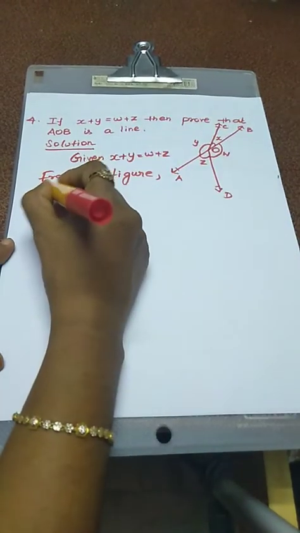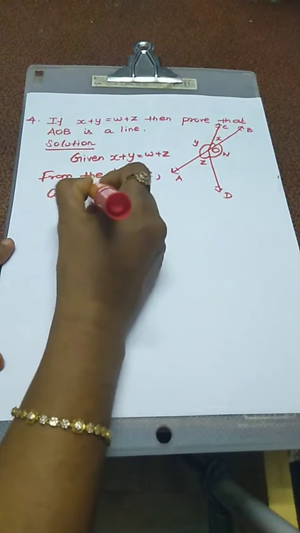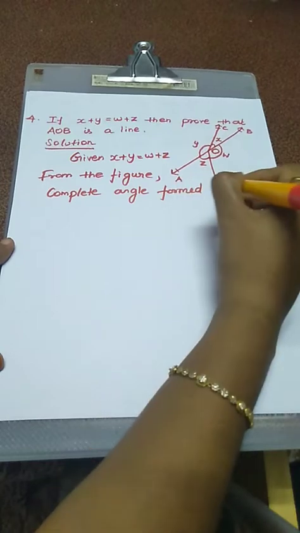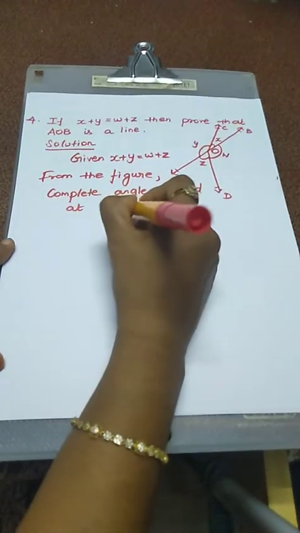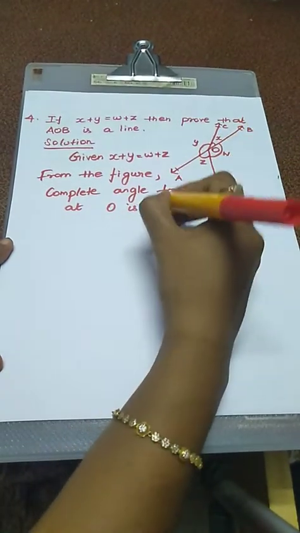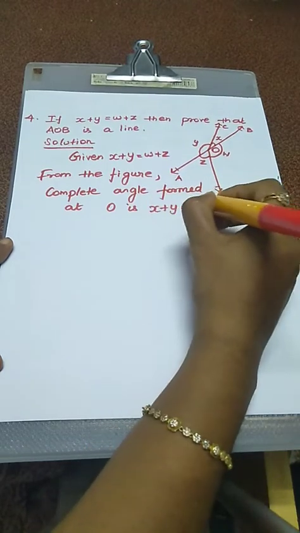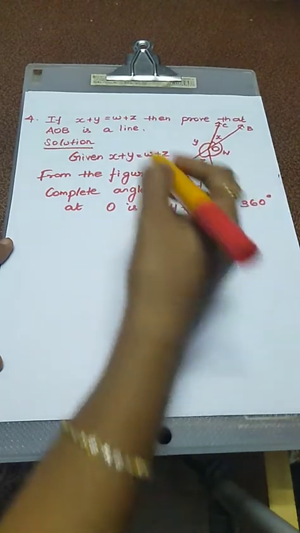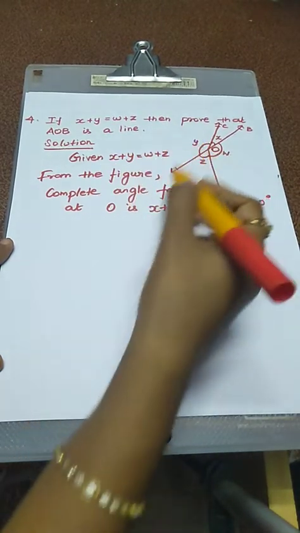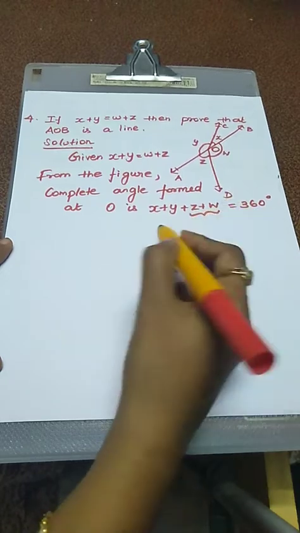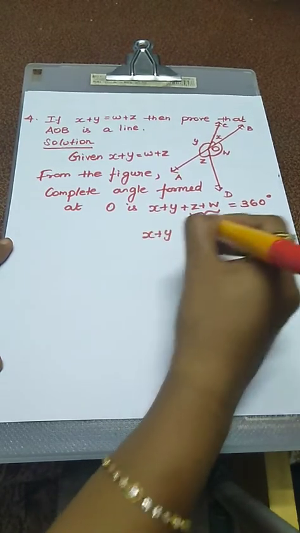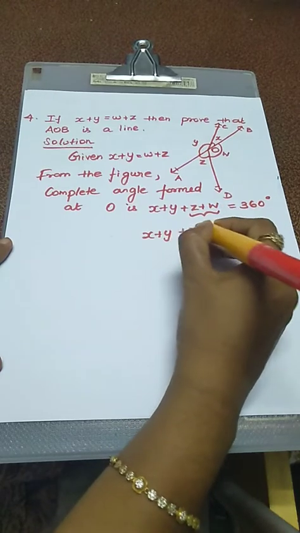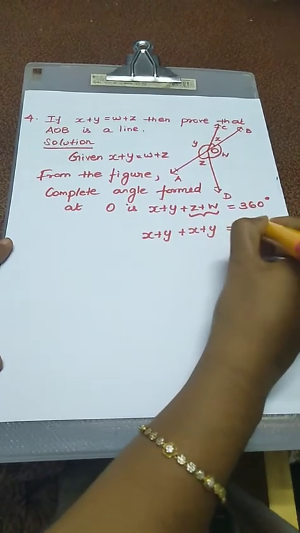So we write: complete angle formed at O is, adding all the values, x plus y plus z plus w is equal to 360 degrees. Given the condition x plus y equal to w plus z, here we apply x plus y. Already we have one x plus y. Now we apply it for z plus w also: x plus y plus x plus y is equal to 360 degrees.